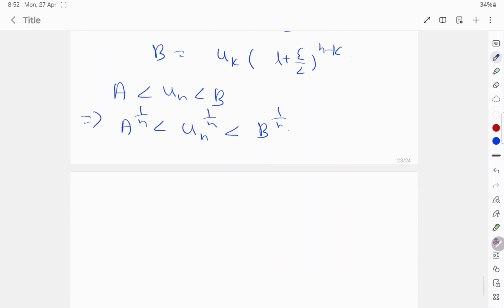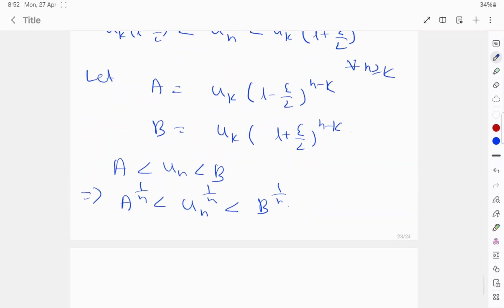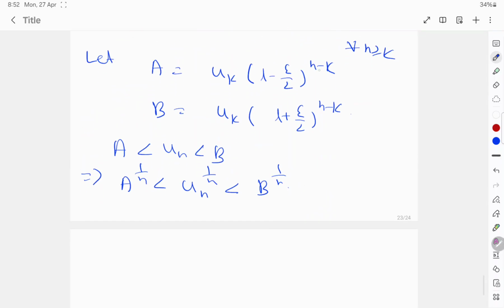Okay, now your job is to find this limit and this limit. This is basically your sandwich type of thing. What is your a? So here if you do a to the power 1 by n, this will come here, right? So 1 by that type of thing.